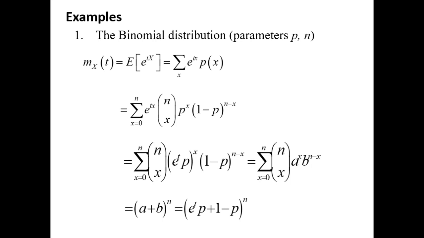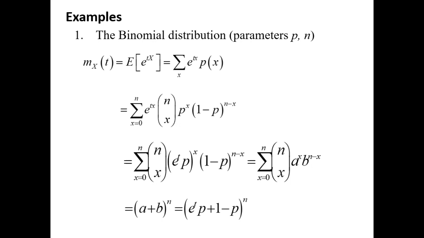And this is equal to, combining this p raised to x term and e raised to tx term, summation over x from 0 to n of nCx (e raised to t p) the whole raised to x (1 minus p) raised to n minus x.